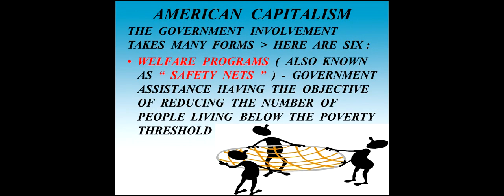Another common form of government involvement in our economic system is through welfare programs. And welfare programs are also known as safety nets. And here's what they are. Welfare programs are forms of government assistance that have the objective of reducing in our society the number of people living below the poverty threshold.